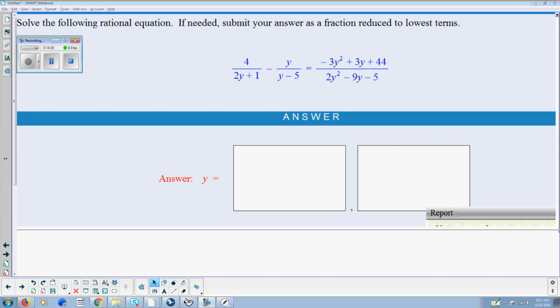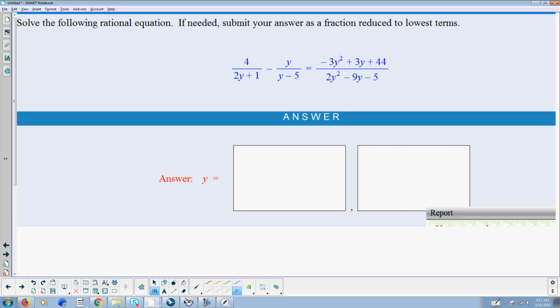But in order to subtract, we have to have what? Common denominator. Yes. So to create a common denominator, I'm going to have to do some multiplication. The first part is going to have to be multiplied by what binomial? y minus 5.